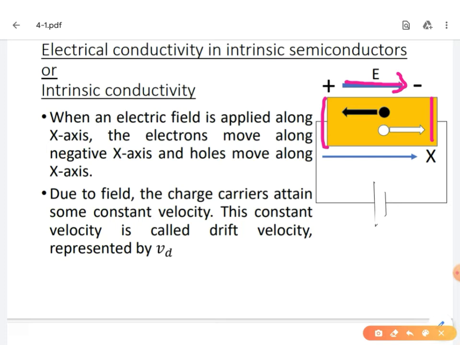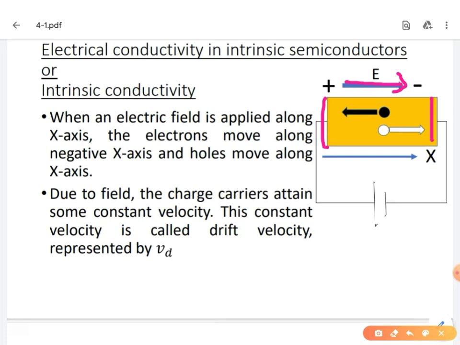Whenever the electric field is applied on the semiconductor, the charge carriers move, but in which direction? Electrons and holes both are the charge carriers in an intrinsic semiconductor.